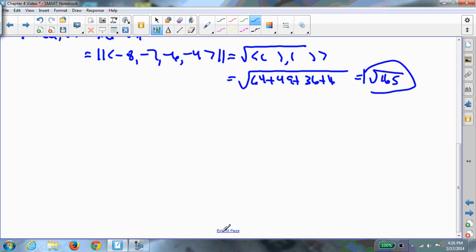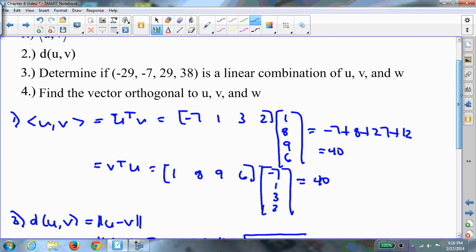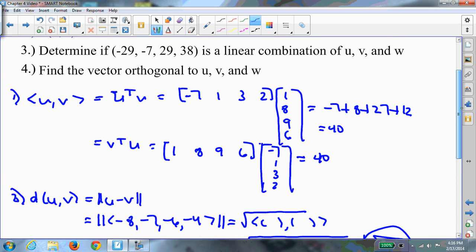Okay, continuing on. Question number 3 was to find if (-29, -7, 29, 38) is a linear combination of u, v, and w.